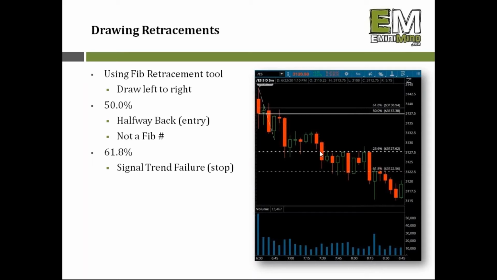Now, not every trade that breaks the 61.8 is going to turn around and go from a ripping downtrend to a roaring uptrend, but we're looking for consistency over hundreds and hundreds of trades.